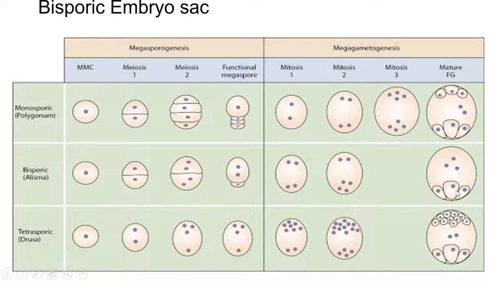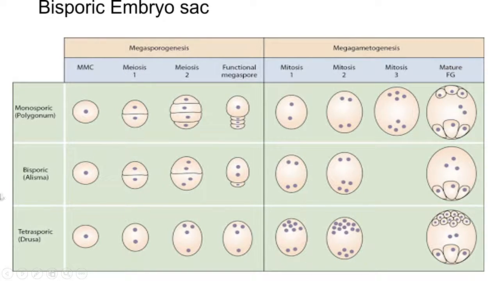From the chalazal tetrad, 3 nuclei get organized into antipodal cells and 1 nucleus migrates toward the center. Thus the embryo sac is 8 nucleated. Example, Alisma type.